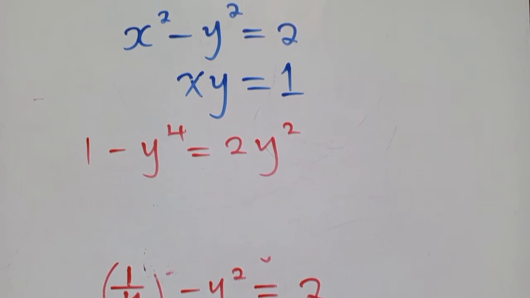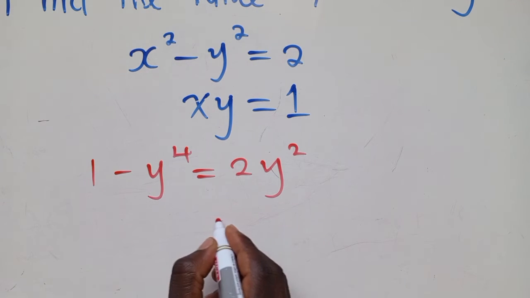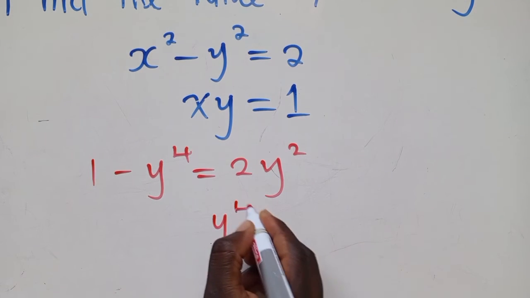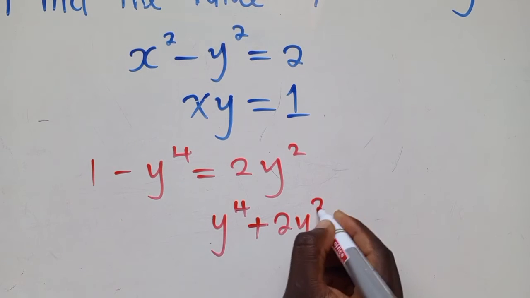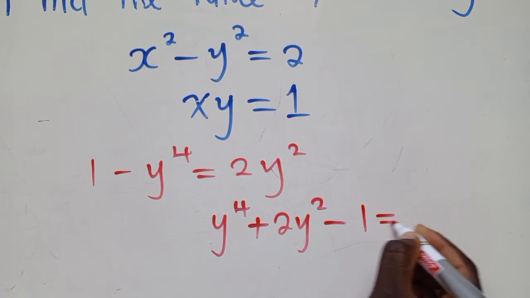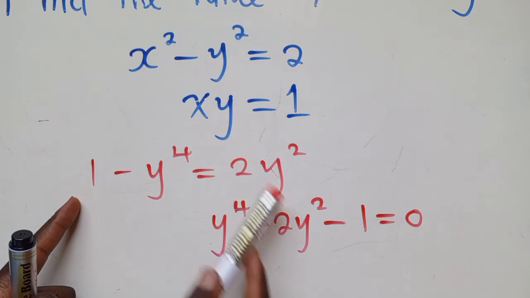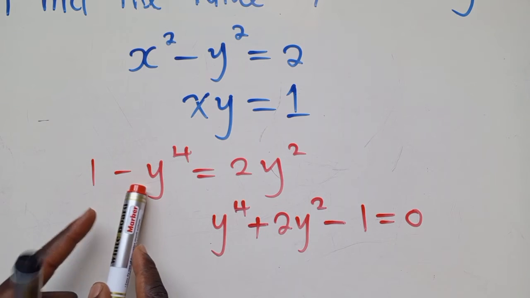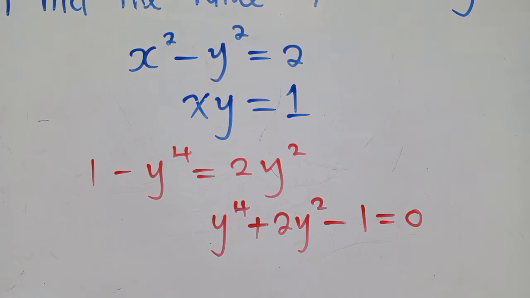Okay, so now from here, solving this, we must remember to put it in standard form, and the standard form will be y power 4 plus 2y power 2 minus 1 is equal to 0. So I've just made all the terms cross the equal sign, or added this to both sides and subtracted this from both sides, and this is what I got.